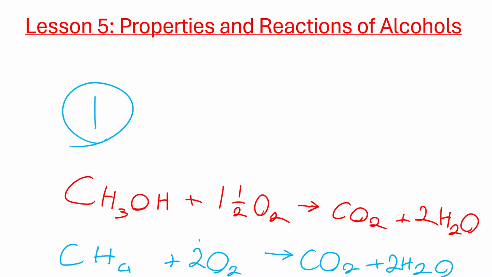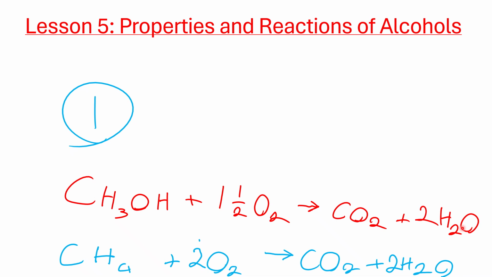Let's talk about the reactions that alcohols undergo. I will discuss 3 of the 4 today, as oxidation of alcohols will be covered in a separate video. The first reaction I want to talk about is combustion of alcohols. Alcohols such as methanol undergo combustion reactions with oxygen, forming carbon dioxide and water.